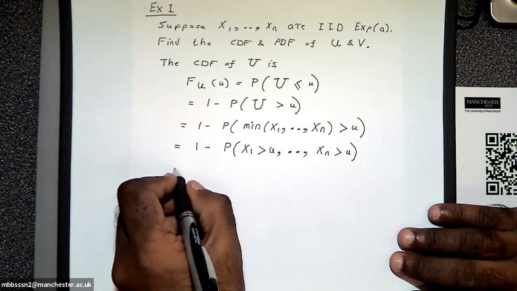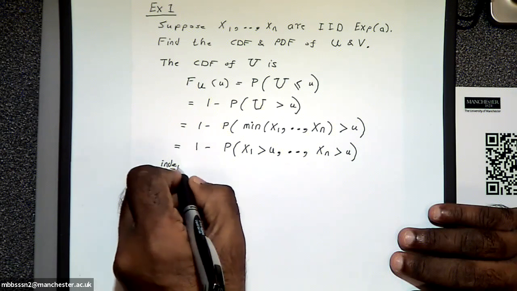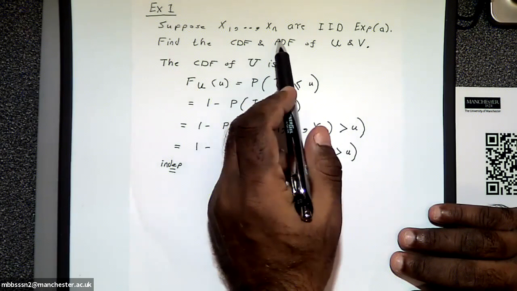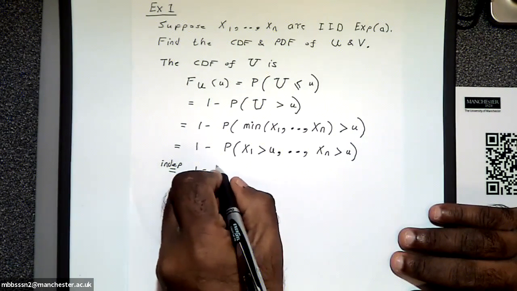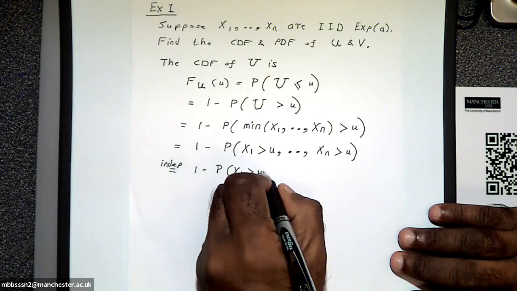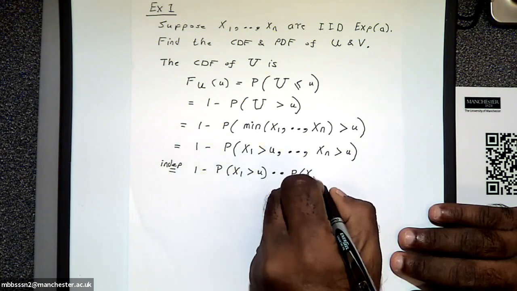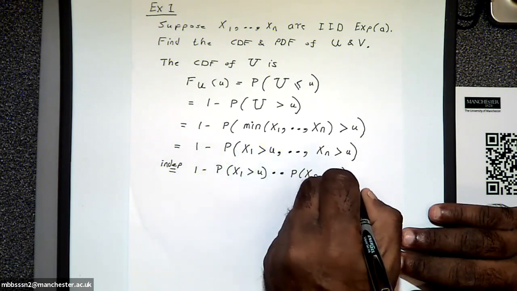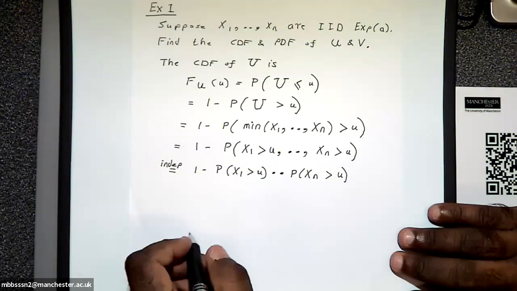Are you okay so far? Now, in the next step, I'm going to use the fact that X1 to Xn are independent random variables, so you can write this as a product.